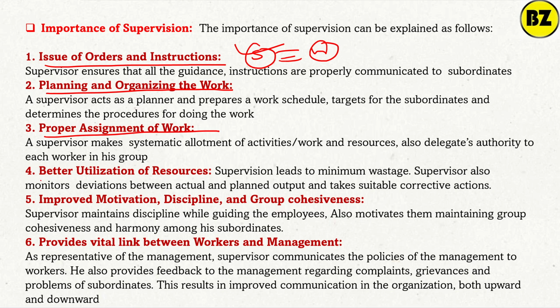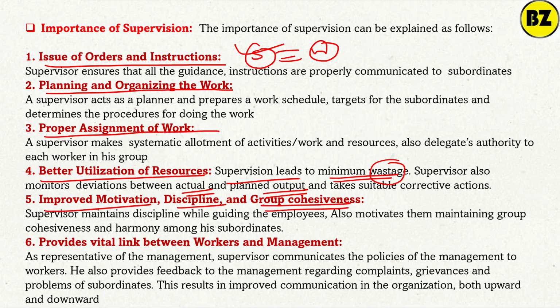Next, better utilization of resources. Obviously the supervisor knows everything, right? So supervision leads to minimum wastage. If somebody is watching you, you will do more effective work, right? In a production line, wastage will be minimized. The supervisor also monitors the deviation between the actual output and what we have planned. Next, improved motivation, discipline and group cohesiveness.